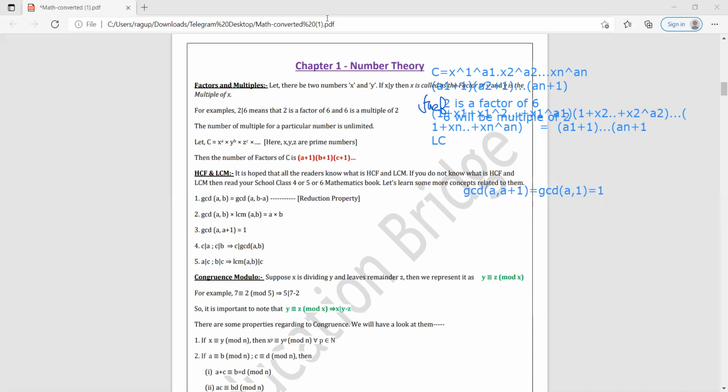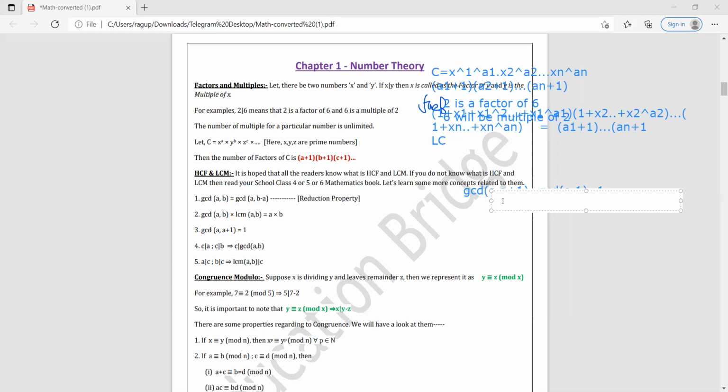Now we'll move on to the congruence modulo part. So seeing that sign here you would get scared, but it is very simple.